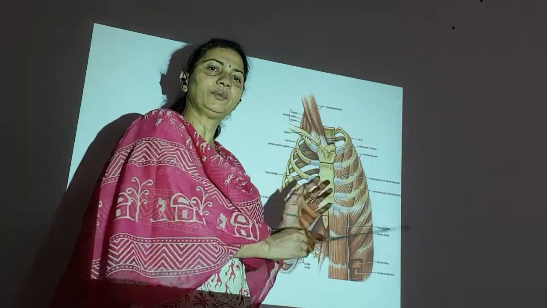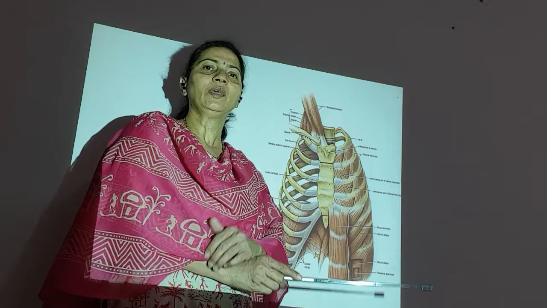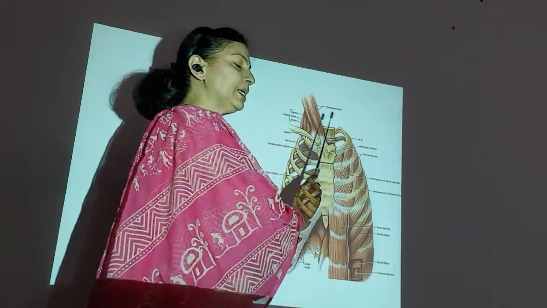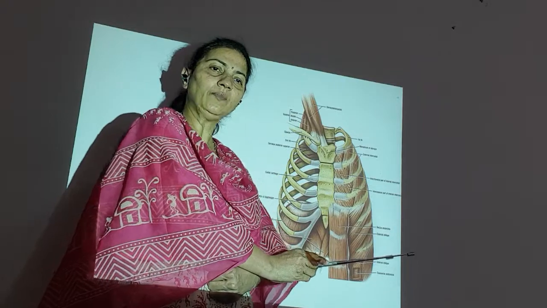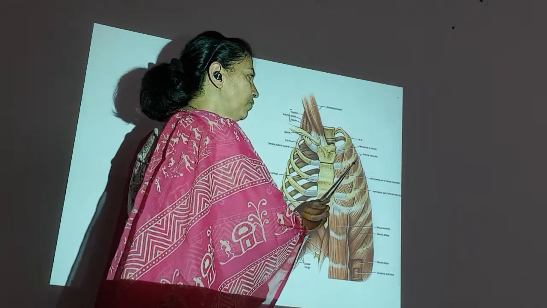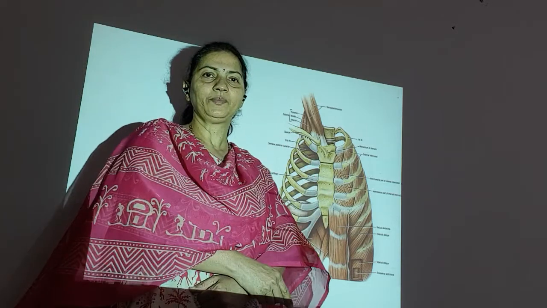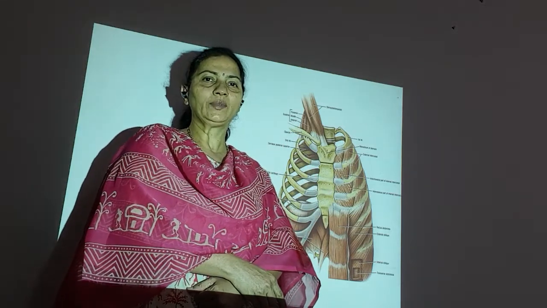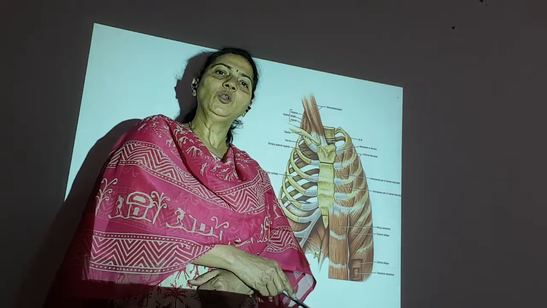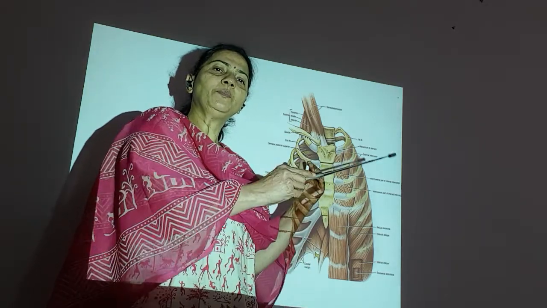But first rib is an exception as far as upper and lower border is concerned. Now this is the second external intercostal muscle. So it will take its origin from the lower border of the second rib. This is clear? So external intercostal muscle, it will take its origin from the lower border of the rib above it.